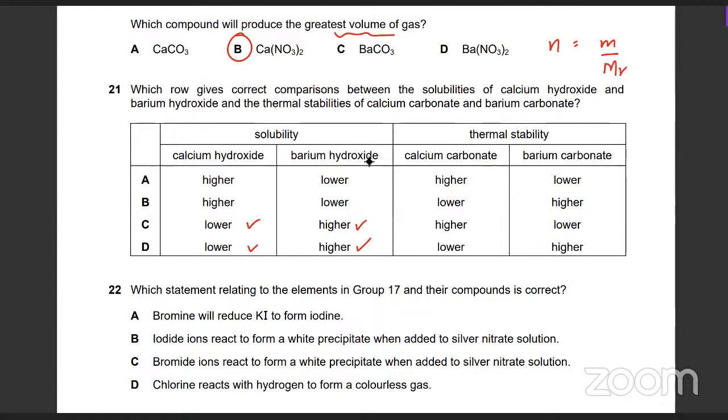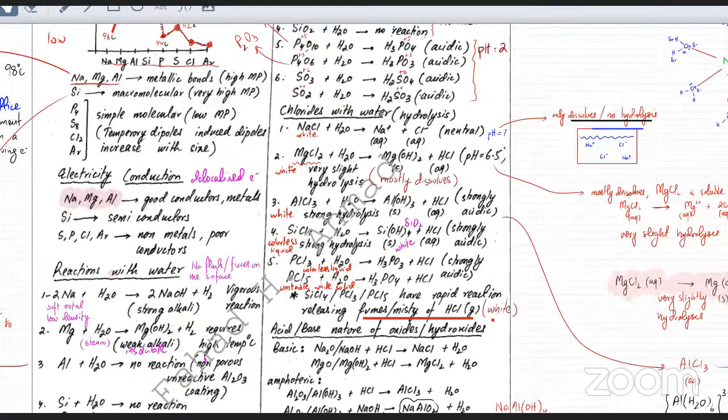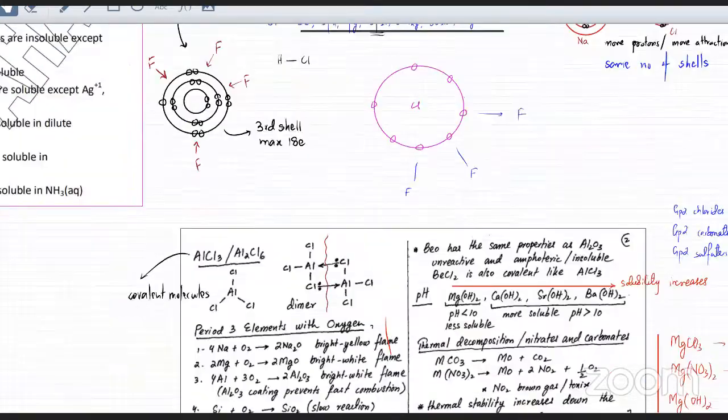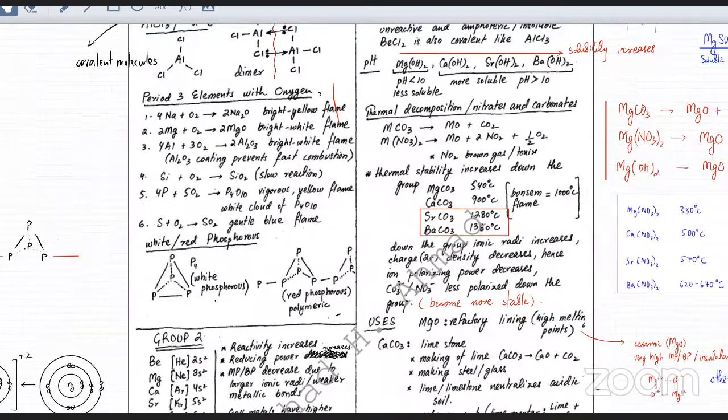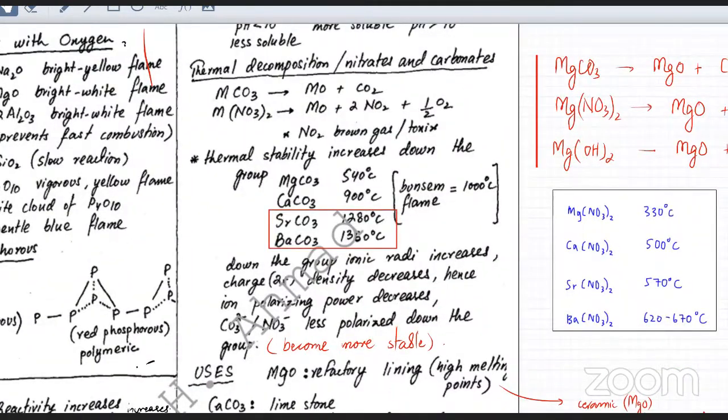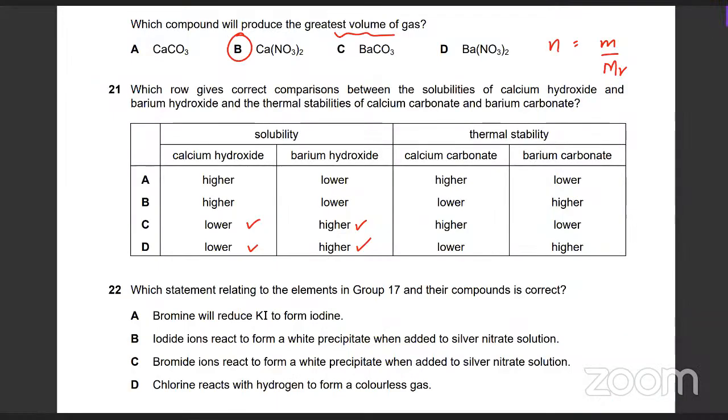Stability increases or decreases? Increases. Okay, so stability down the group increases. Strontium carbonate and barium carbonate have a much higher decomposition temperature. So barium carbonate will have a higher one, and calcium lower. So D is the option.